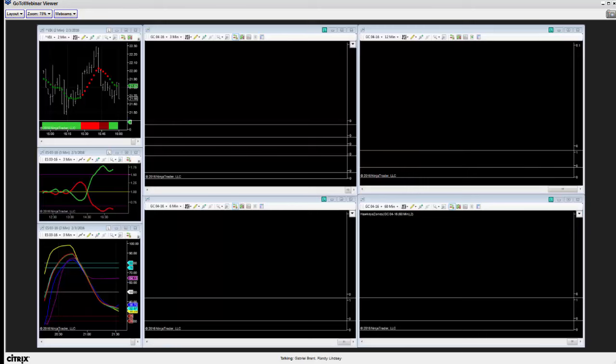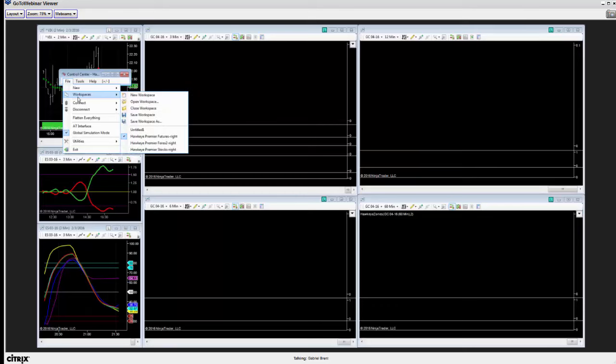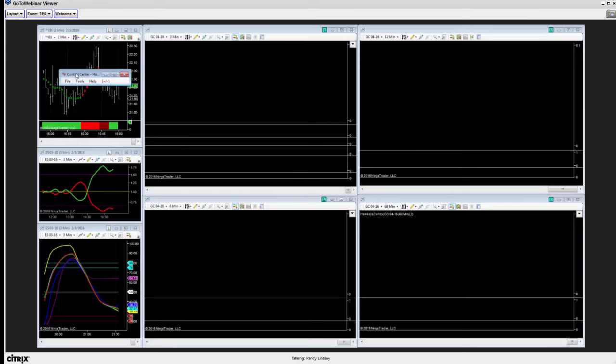For some reason, is your data on your Ninja clogged? I'm not sure why. I don't even have my Ninja up, to be honest. All right, I was going to transfer it over to you, but for some reason I can't seem to get the data to load into Ninja. Let me pull over to TradeStation and see if it comes up there. Let me open up my Ninja real quick.